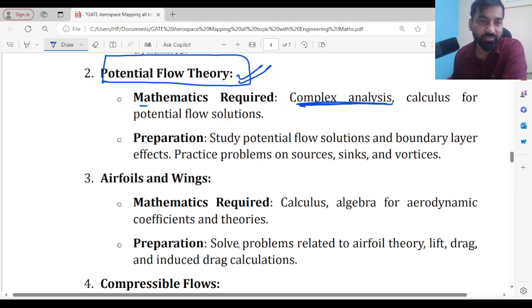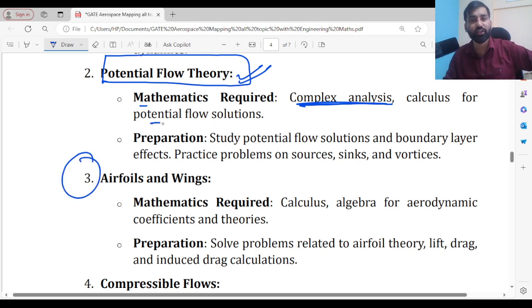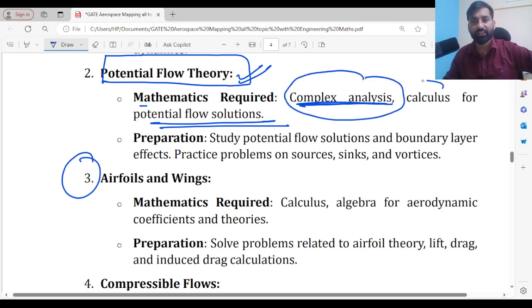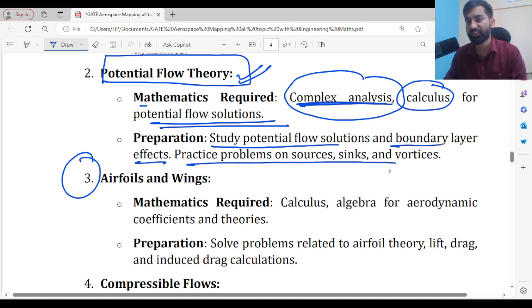So you see here, next is going to be your airfoils. Please remember, guys, calculus for potential flow solutions. For potential flow theory, you need to be good at complex analysis and calculus. Okay, next. In preparation, you can see what you have to do: study potential flow solutions, boundary layer effects, practice problems on source, sink and vortices.